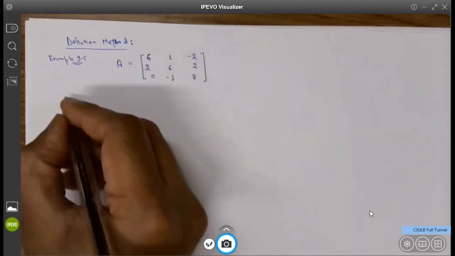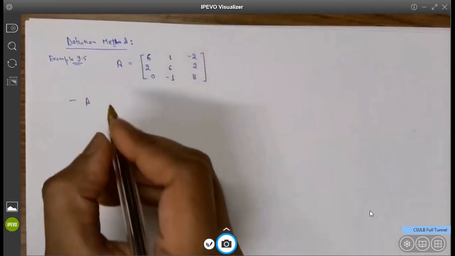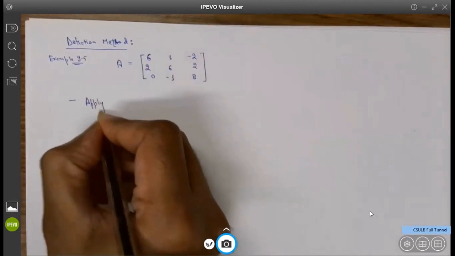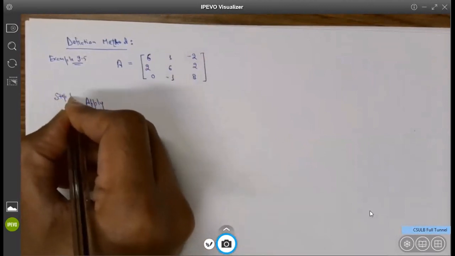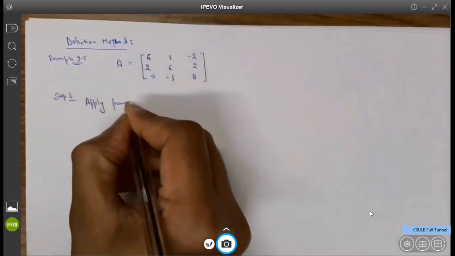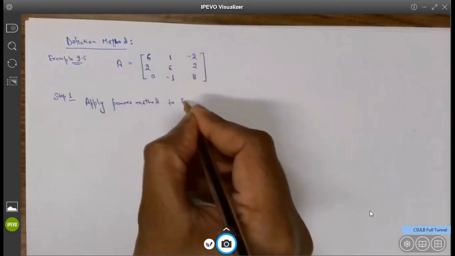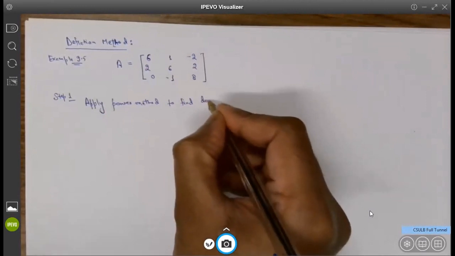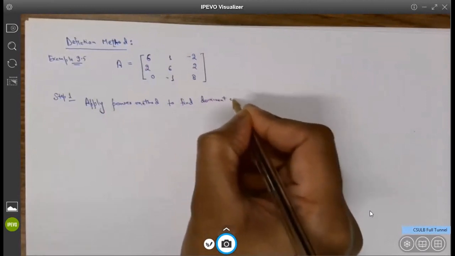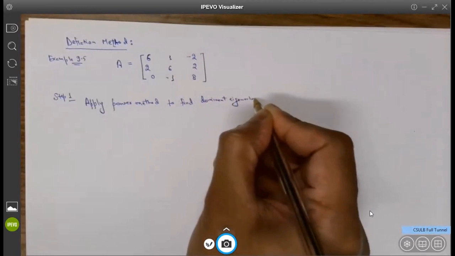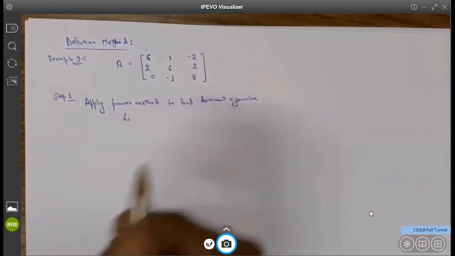The deflation method says that first apply the power method to find the dominant eigenvalue. So you will get lambda 1.